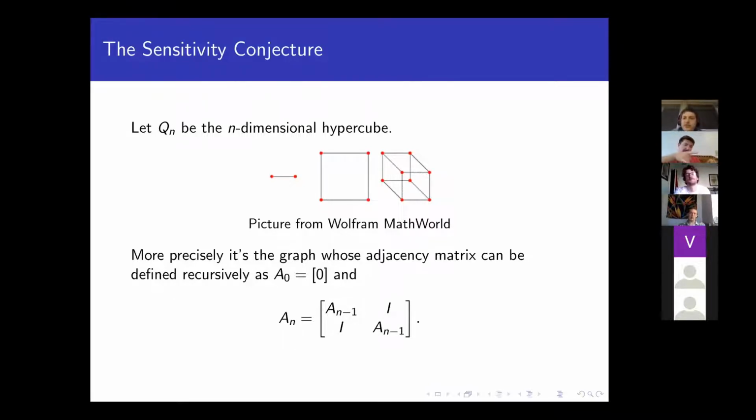And combinatorially, what this is saying is that for example, to build a 3-dimensional cube, I take a 2-dimensional cube and then another 2-dimensional cube, and then I add edges matching up the corresponding vertices. That's combinatorially what's going on here, but you can just accept that this is the definition of the adjacency matrix.